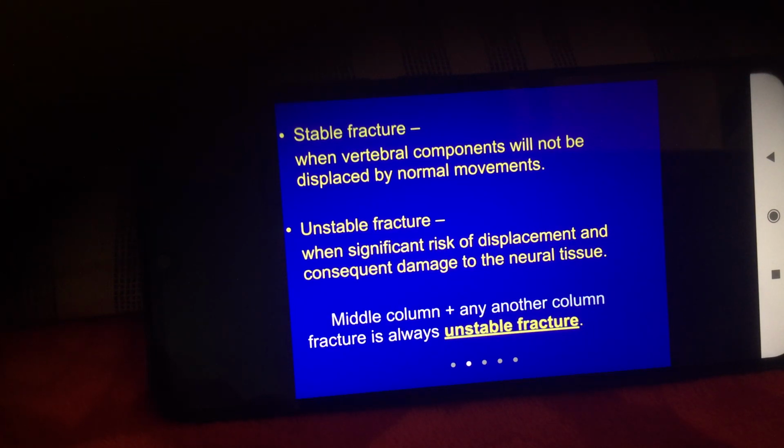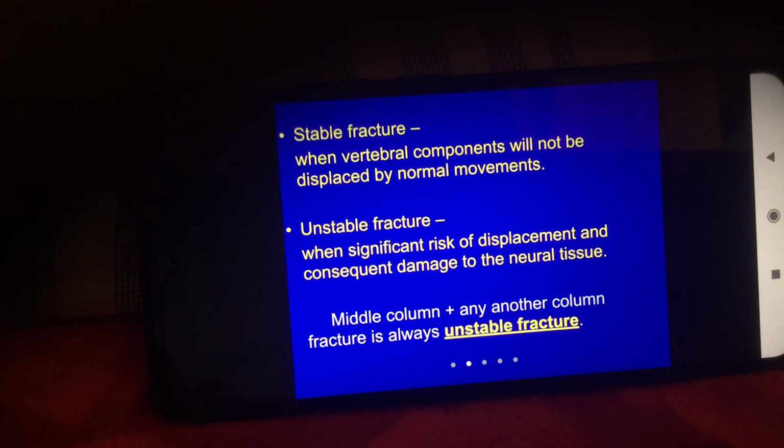Usually stable fractures are those where vertebral components will not be displaced by normal movement. That is known as a stable fracture. But when there is significant risk of displacement of the spine followed by chances of neural injuries, if the fracture is of that type, we call it an unstable fracture.